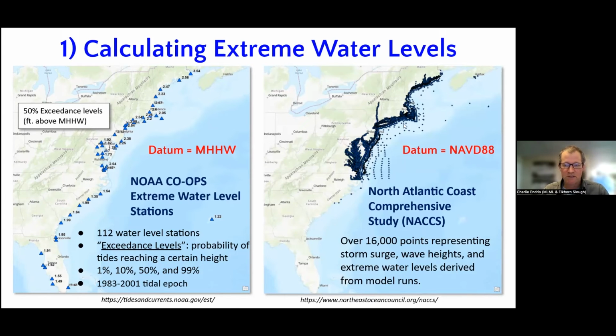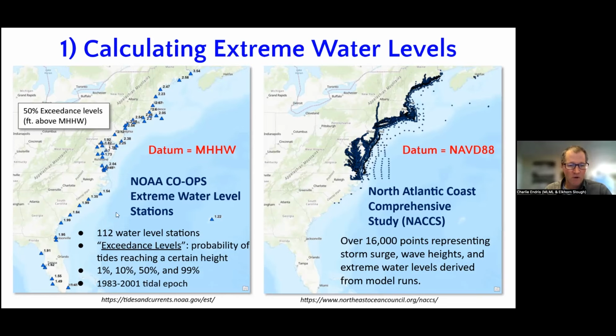Because of that high density, we decided to use those because we found that they matched quite well with what was being shown by the NOAA 50% exceedance levels. So in the NACCS data set, these are referred to as annual recurrence intervals, ARIs, and the 2-year annual recurrence interval matches quite well with the 50% exceedance level in the NOAA.